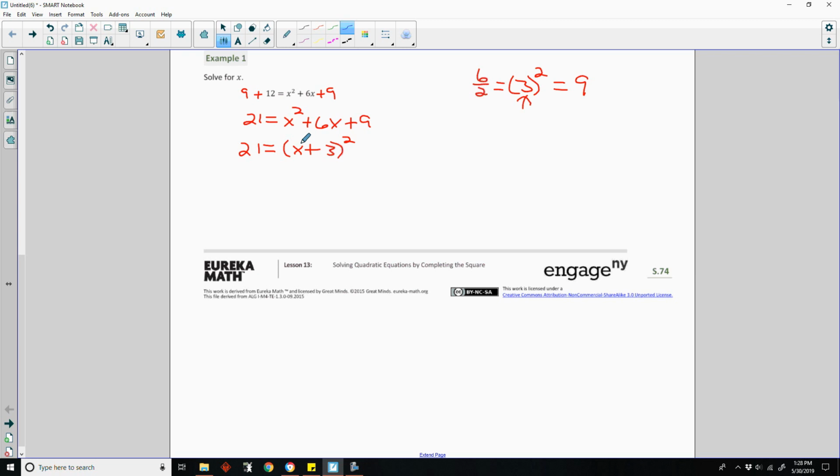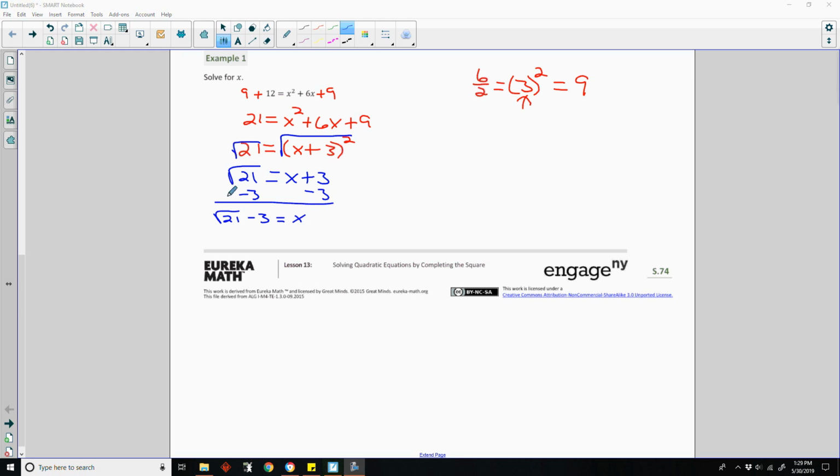Okay, so now I have a quantity squared equal to a number, and the inverse operation of squaring is taking the square root. So I'm going to take the square root of both sides, and that's going to leave me with x plus 3 equals the square root of 21. And then I'm going to subtract 3 from both sides, and I get the square root of 21 minus 3 equals x.